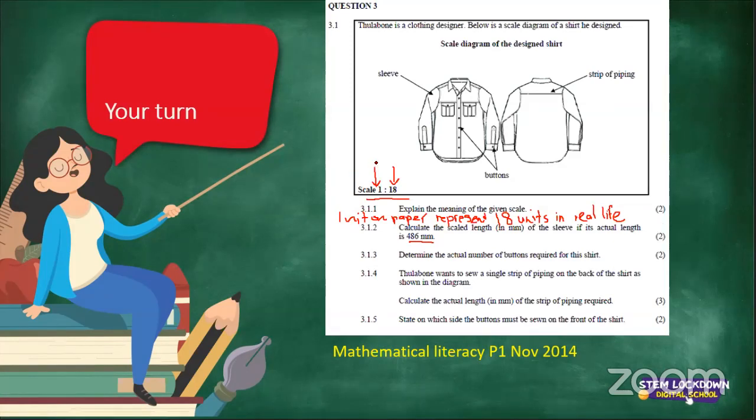What is the length on paper, on the plan, if in reality the length of the sleeve is 486 millimeters? Give me the answer in millimeters. We have 30 more seconds left for number 2.